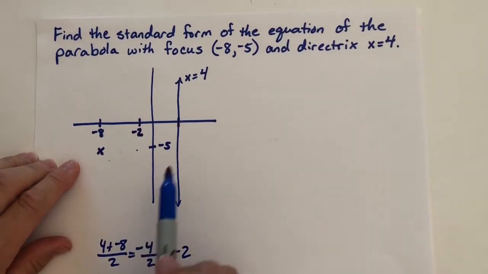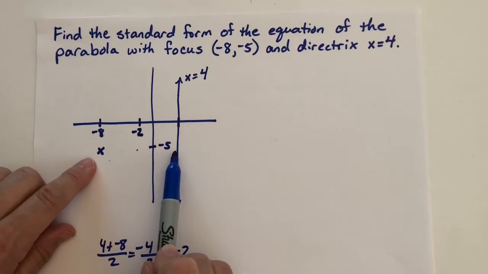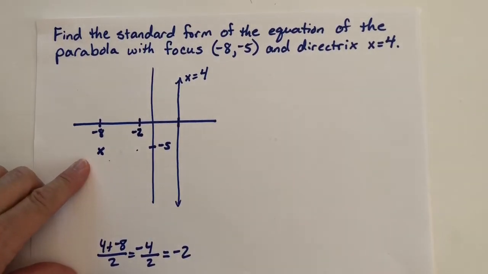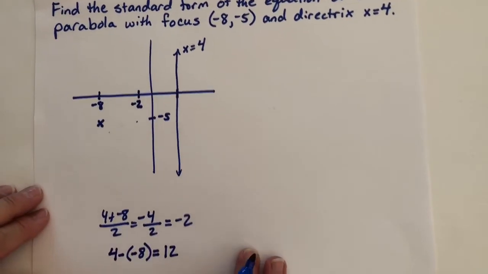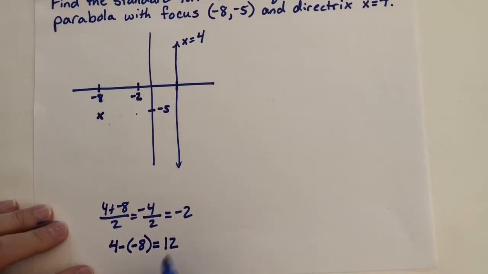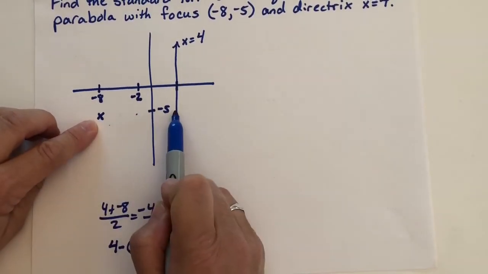When I mentioned it initially, I said we could have found the distance between these two from 4 to -8. You would find that distance just by subtracting 4 minus -8, and you would get a distance of 12. And that means the distance from focus to directrix is 12.